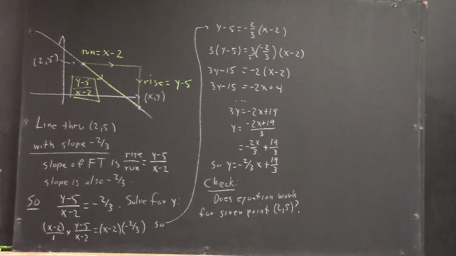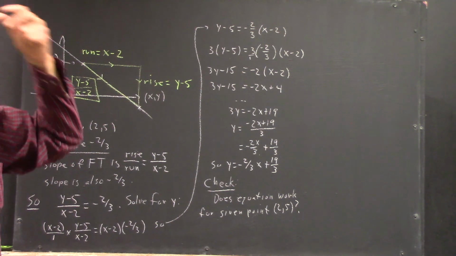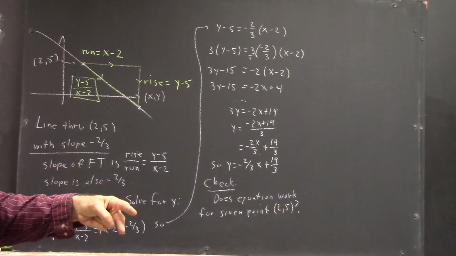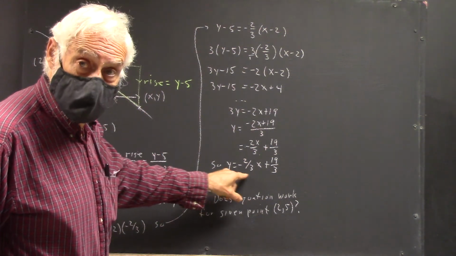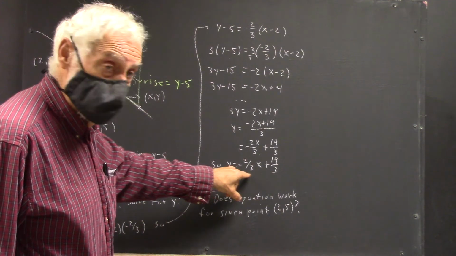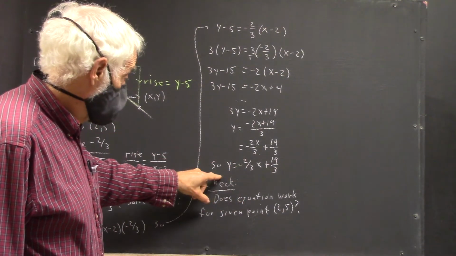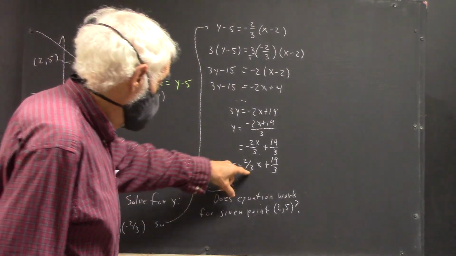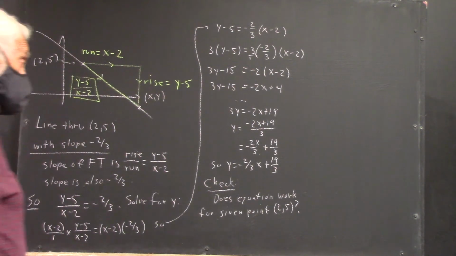Because there are two things that have to occur if you've got the right equation, two things you've got to check. Is the slope negative 2/3? Well, yeah. If you accept that the coefficient of x is the slope when you solve for y. And then you've got to check that the point 2, 5 is really on the line.